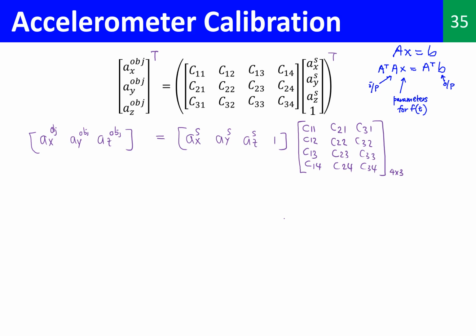Okay. Now I will start collecting raw sensor readings for those configurations previously shown. So it works like this. Keep the object in known configuration 1, collect say 100 samples.